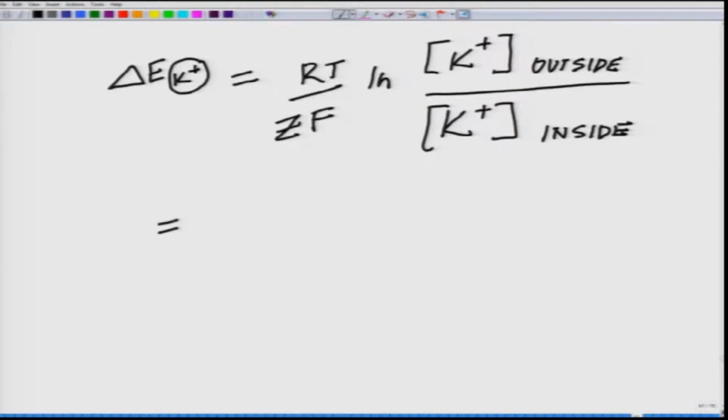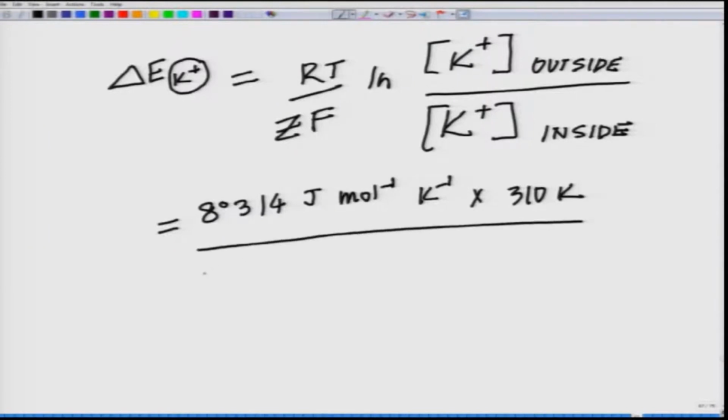So, that brings us to 8.314 joule per mole multiplied by 310 Kelvin, divided by 1, since for the potassium ion it is 1 electron transfer, the valency, multiplied by 96,485 coulomb.